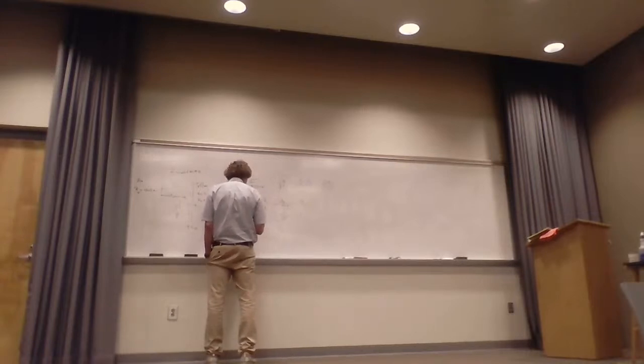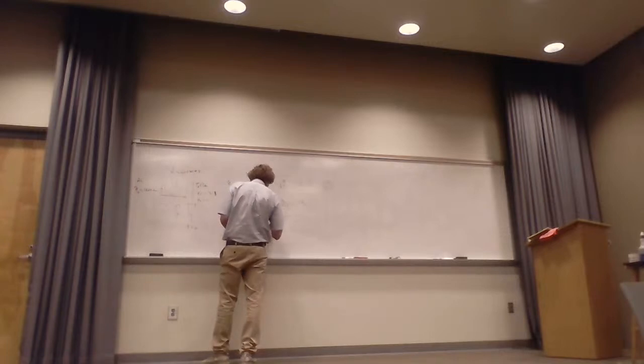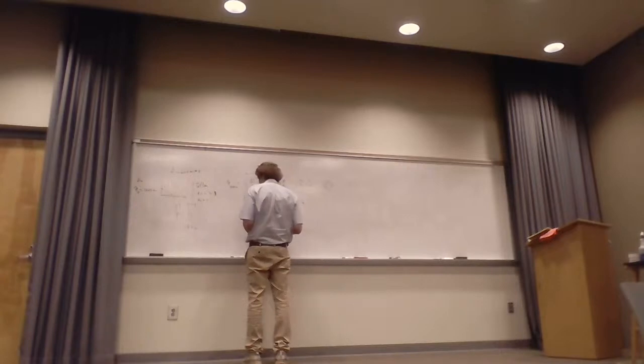The transmission coefficient is going to be 2 eta 2 over eta 1 plus eta 2, or it's simply 1 plus the reflection coefficient for normal incidence. This will not be true for oblique incidence.